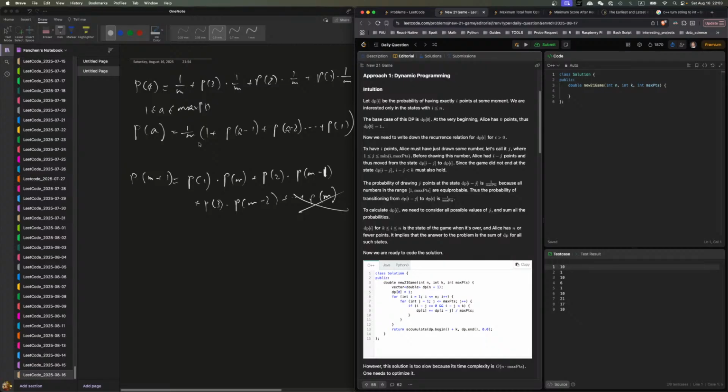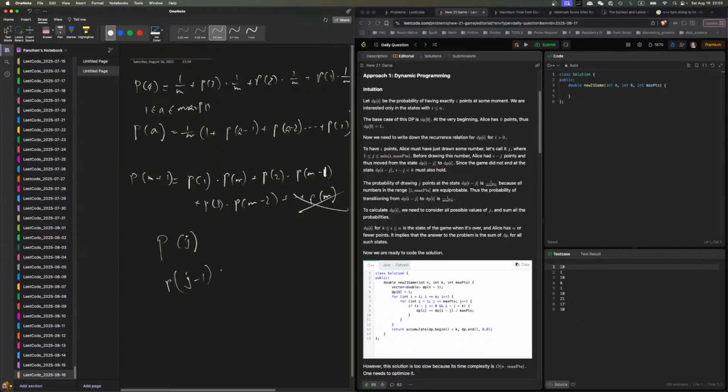So basically this says to find Pj, right? What we need to find is, because each round it can do j minus 1, Pj minus 1 times 1 over m, Pj minus 2 times 1 over m, and so on, to take 1, take P minus maximum.